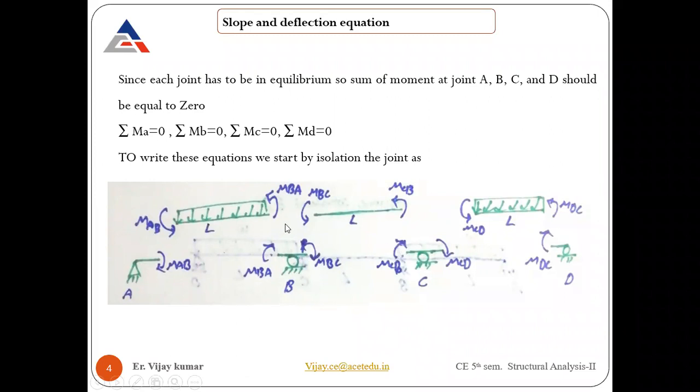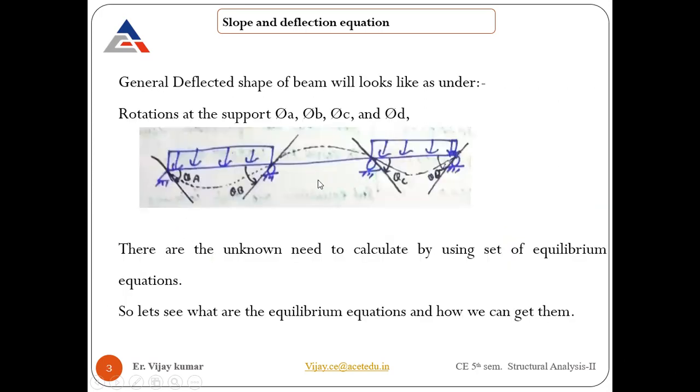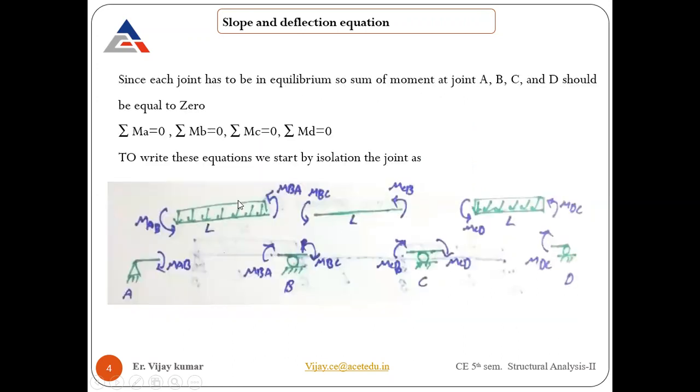Otherwise, if we were considering shear force or horizontal force, in that case you would have to show those also. So here I'm not considering them, just moment is there. So if you cut this section, let me show the actual diagram. This is the actual diagram. You need to cut here, cut this portion, this and this. You just isolate each and every joint and member.